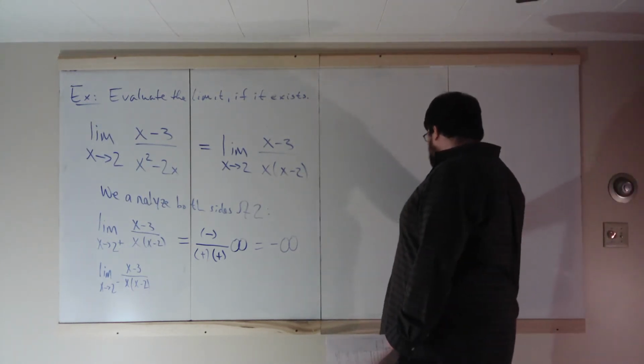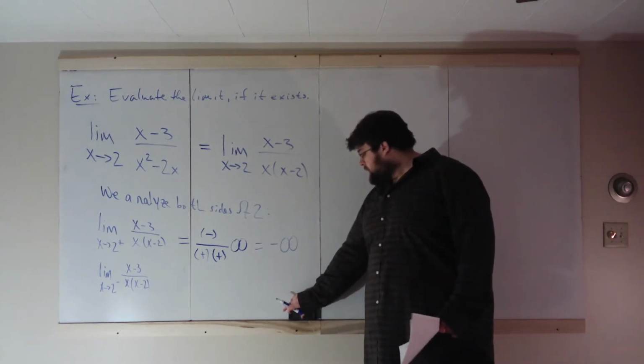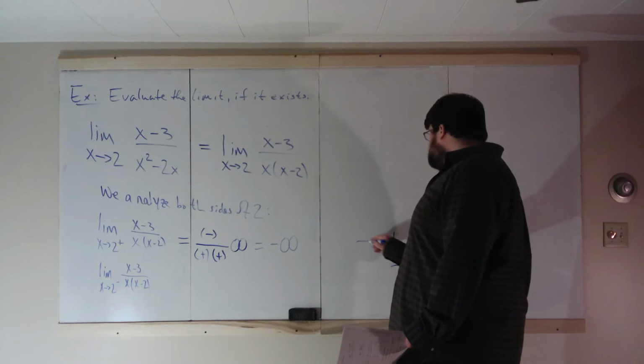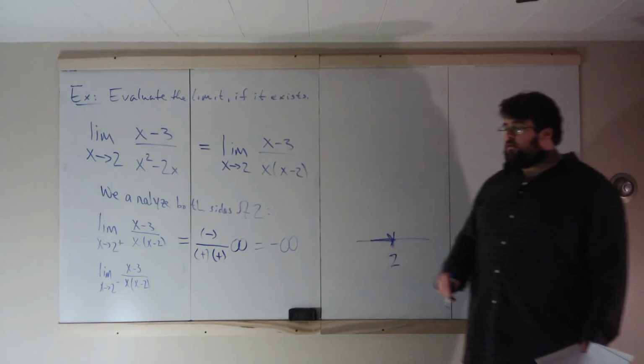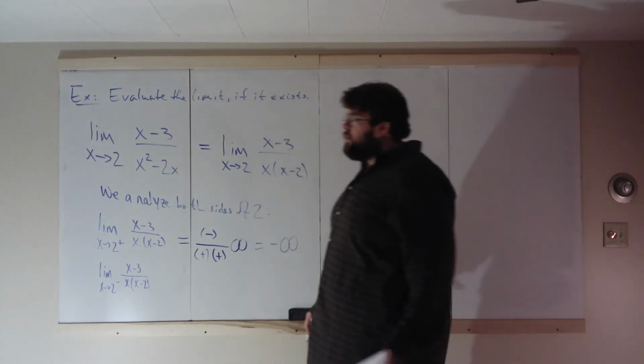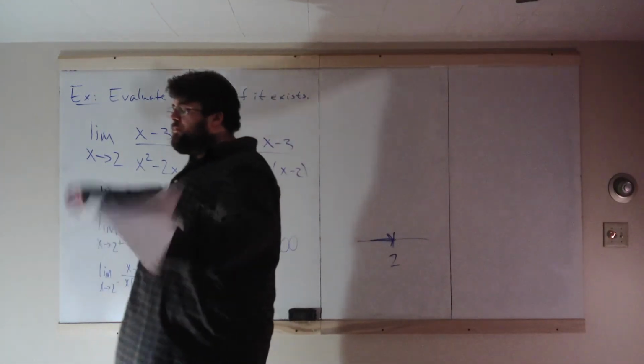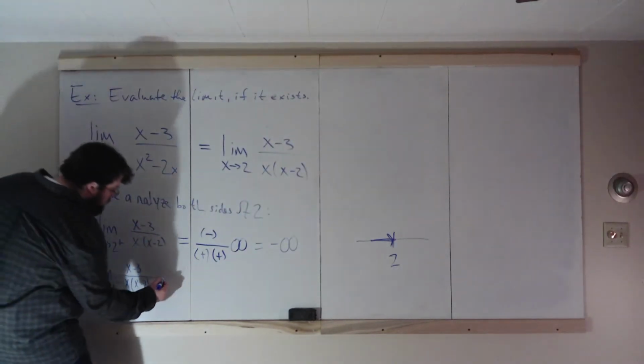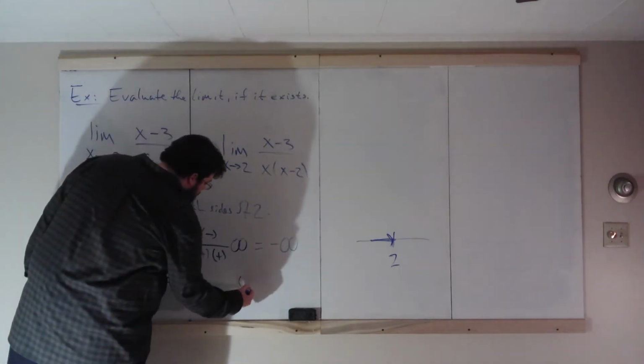Okay? We have to analyze the other side of 2, and we'll do it the same exact way, but instead of looking at the right of 2, we'll look at the left of 2. So numbers like 1.99 and closer to 2. Well, again, we know it's going to be an infinity.